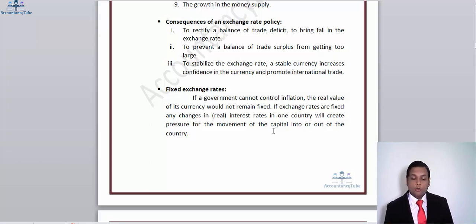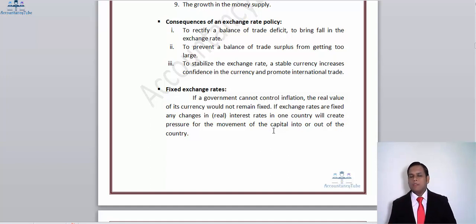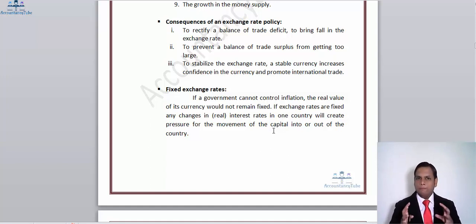It creates pressure on imports. To stabilize the exchange rate, a stable currency increases confidence in the currency and promotes international trade. That is basically the objective, or the consequences, of exchange rate policy. The main purpose here, unlike monetary and fiscal policy, is to create a balance so that things don't get out of hand.